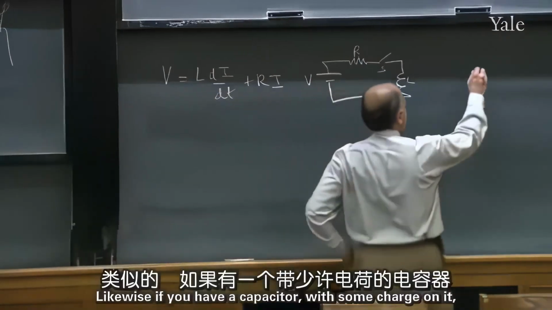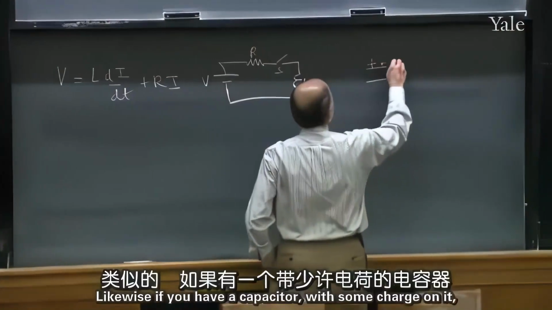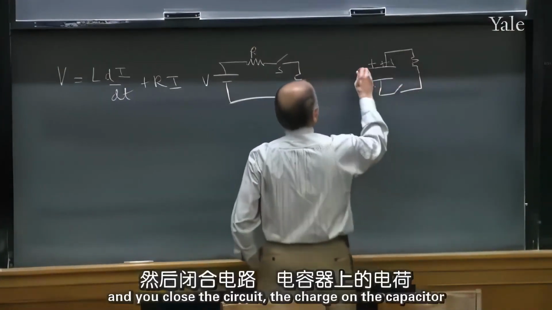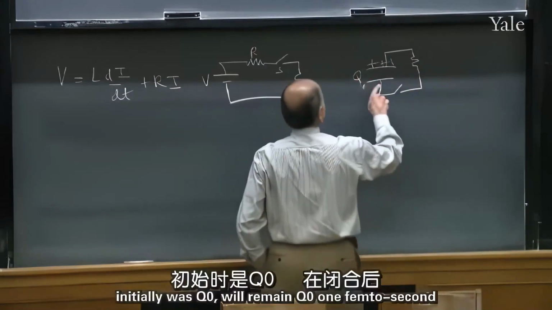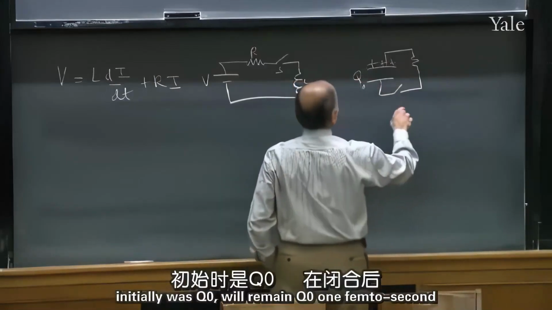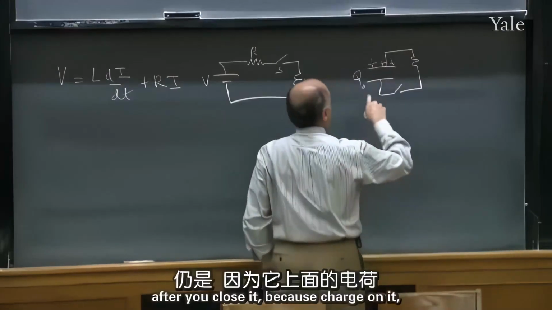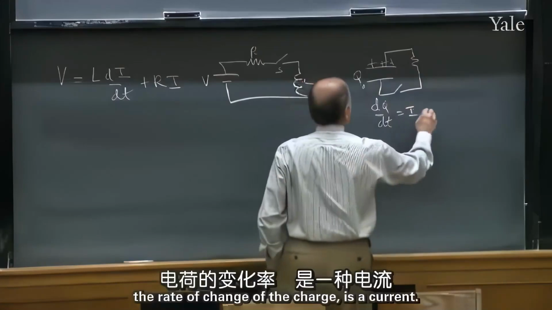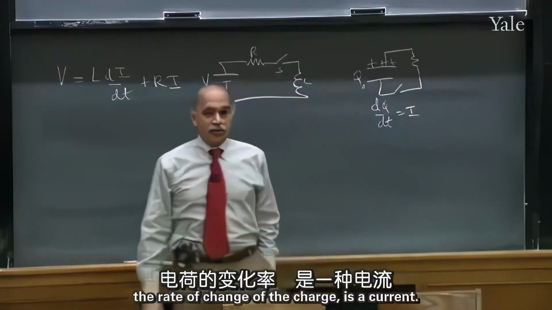Likewise, if you have a capacitor with some charge on it, and you close the circuit, the charge on the capacitor, initially Q naught, will remain Q naught 1 femtosecond after you close it, because the rate of change of the charge is the current, and the current is finite in any real problem.